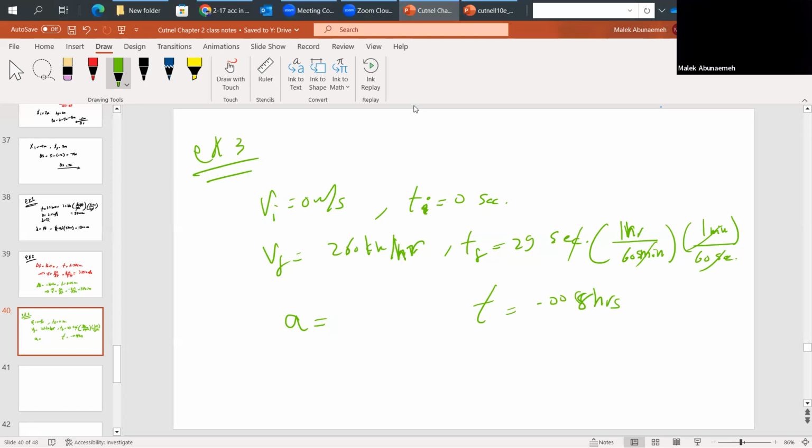That means your acceleration is going to equal 260 minus 0 divided by 0.008 minus 0.